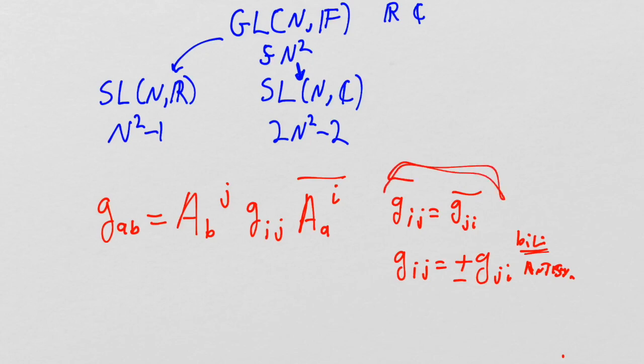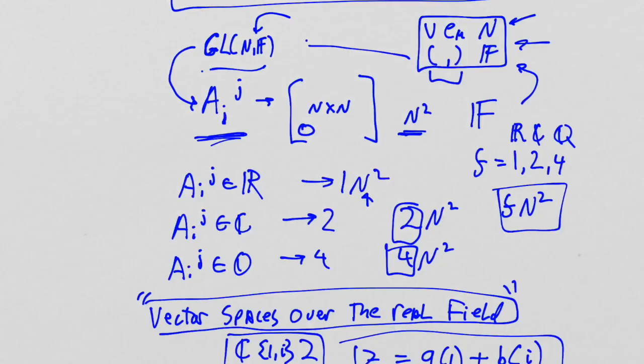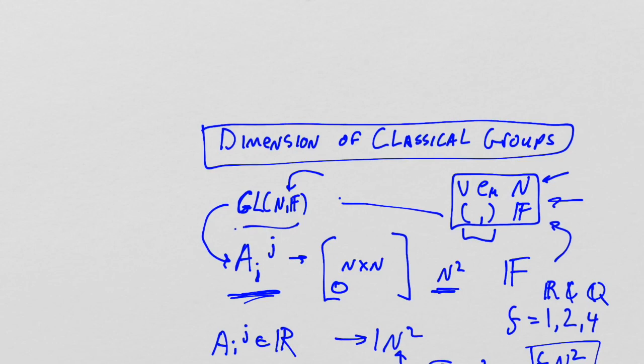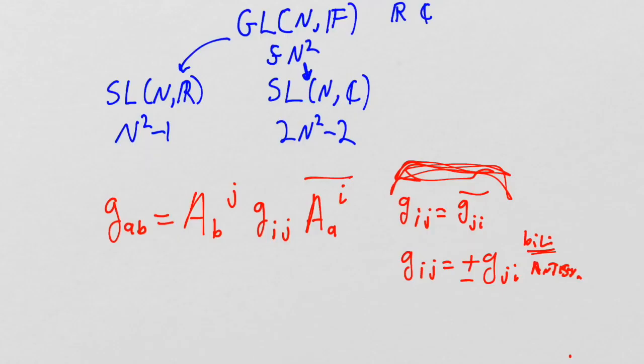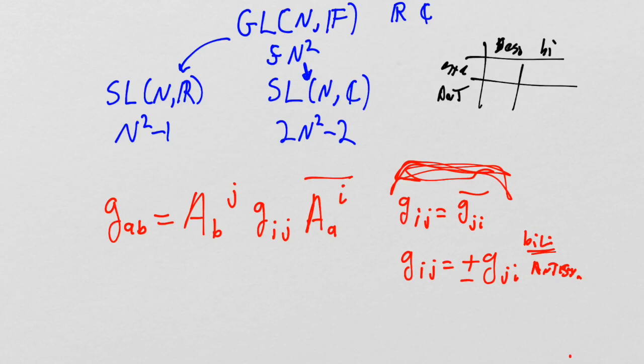You have to choose which metric you're dealing with, which is equivalent to saying where am I in that diagram of symmetric, antisymmetric, sesquilinear, bilinear. Remember that chart we made last time, this is characterizing that chart.